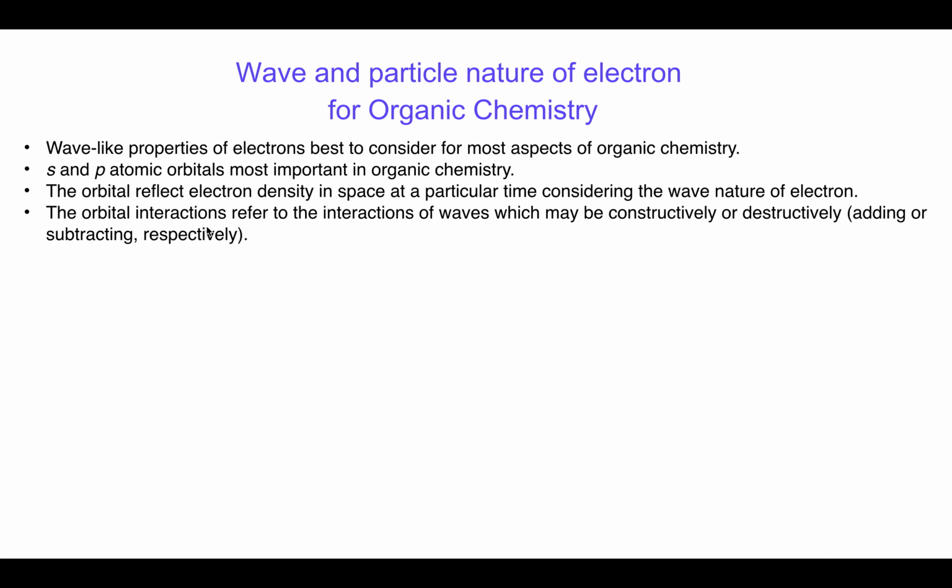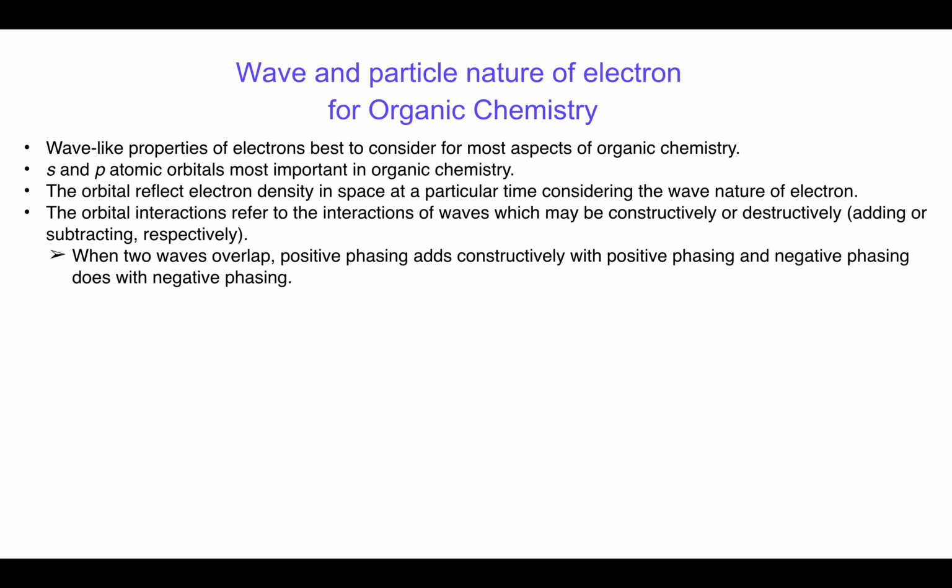Orbital interactions refer to the interactions of waves, which may be constructive or destructive, that is, adding or subtracting respectively. When two waves overlap, positive phasing adds, that is, the positive phases of two waves combine constructively.